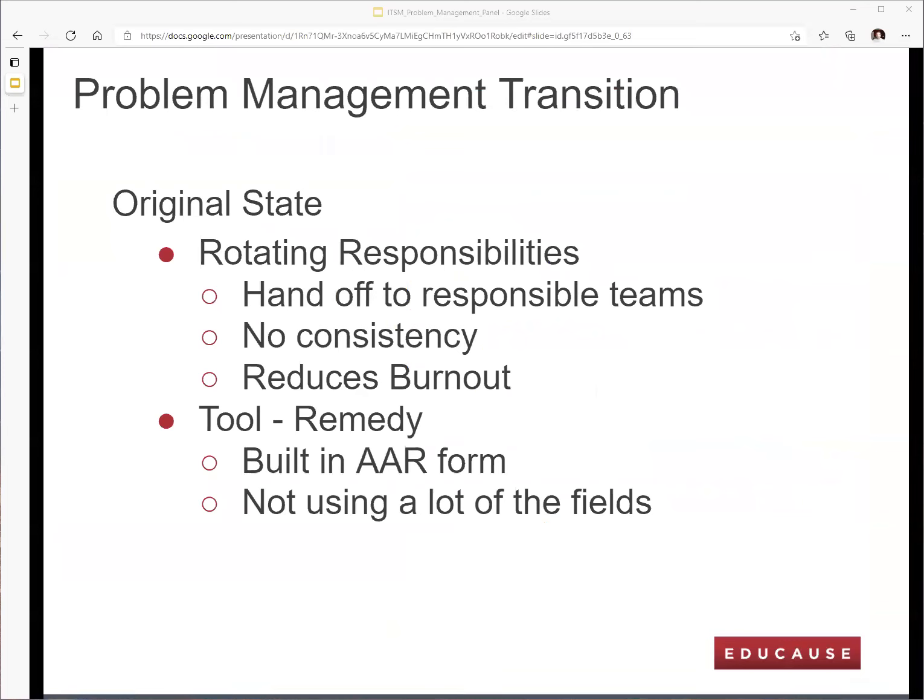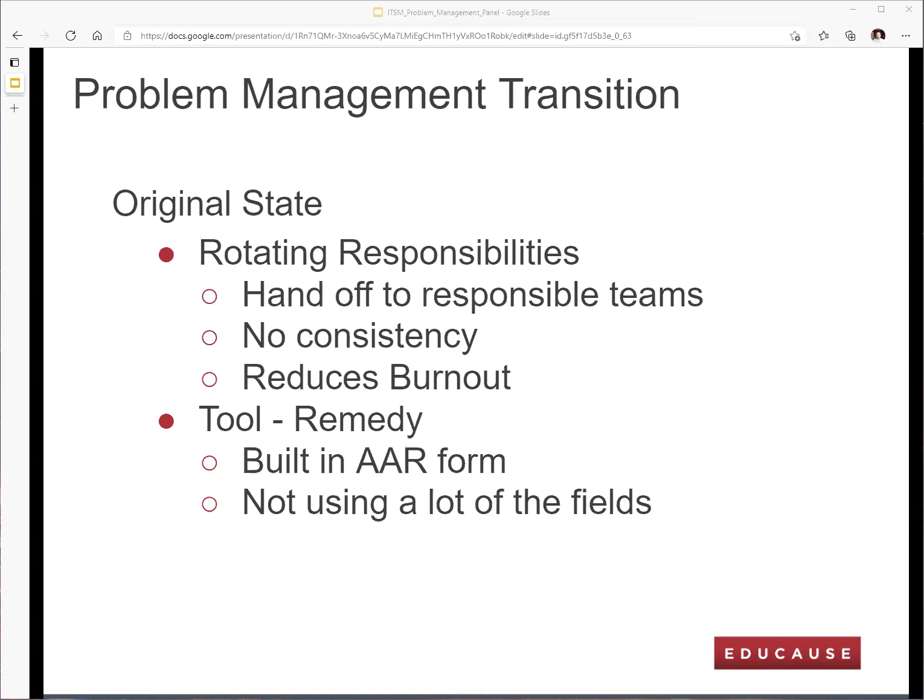So I just really wanted to give you guys an example. We're a problem management program in transition. As a lot of universities have experienced over the last year, we've gone through a lot of organizational changes. In our original state, we had rotating responsibilities for our problem managers that rotated amongst the directors within IT.